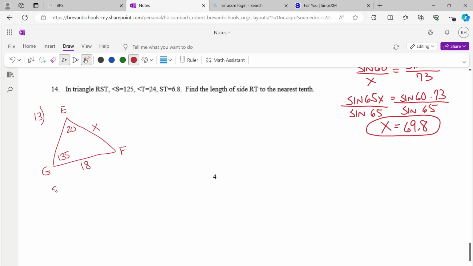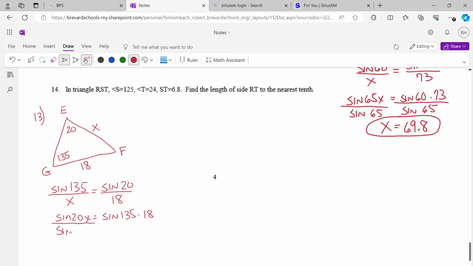So we can go sine 135 over x is equal to sine 20 over 18. And sine 20 x is equal to sine 135 times 18.